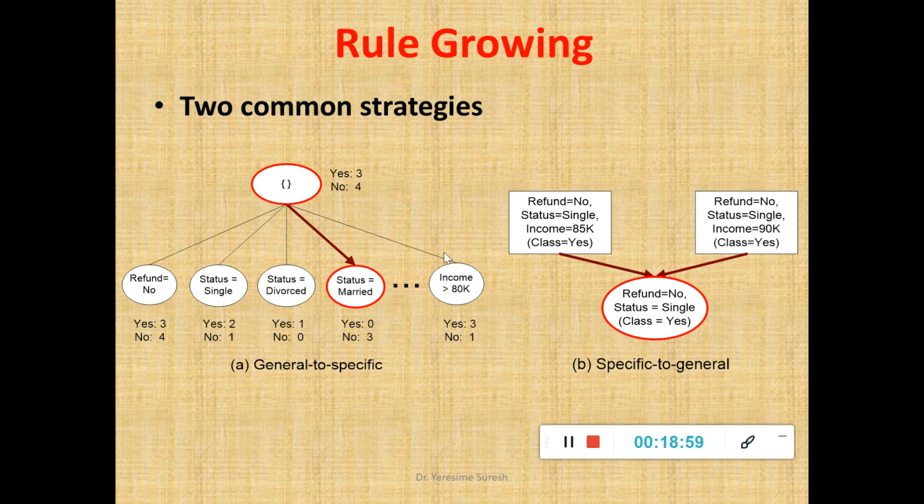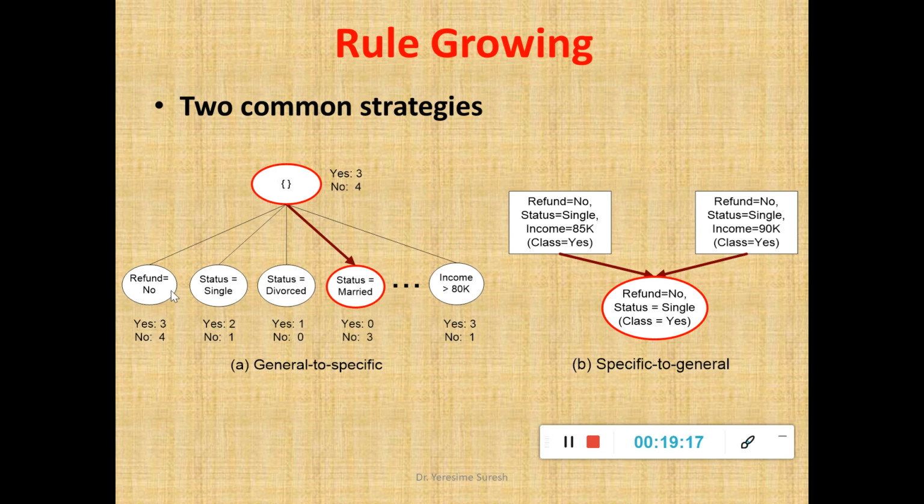The same concepts are used for rule growing. What is rule growing? You start with an empty set, then you go on adding rules. That is what I have done in the case of general to specific. Whatever sequential covering algorithm we have discussed is the example for general to specific. We start with an empty rule set and then we go on adding rules.